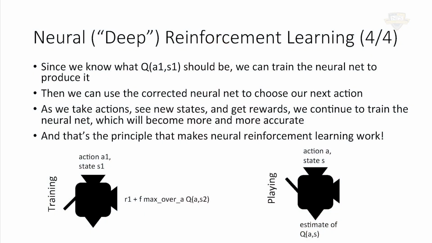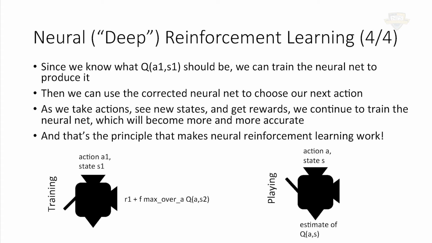Now, if these two things are supposed to be equal, then why not take a neural net and train it using this as a target value? It looks risky, and if you sit here and say, "Nah, I don't believe it," I don't blame you, because what's in this target value? What's in this information I'm telling the neural net to learn?